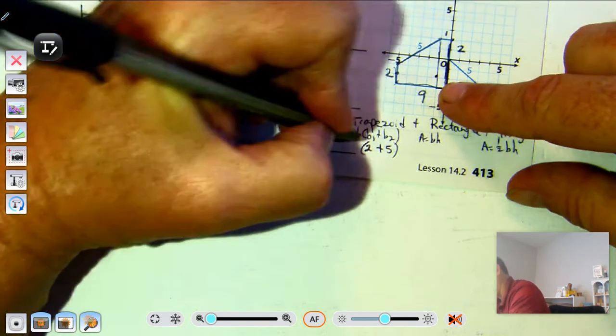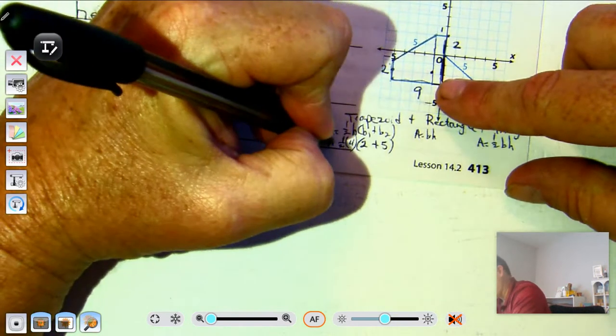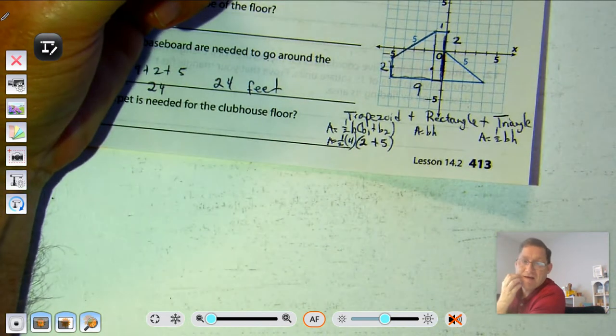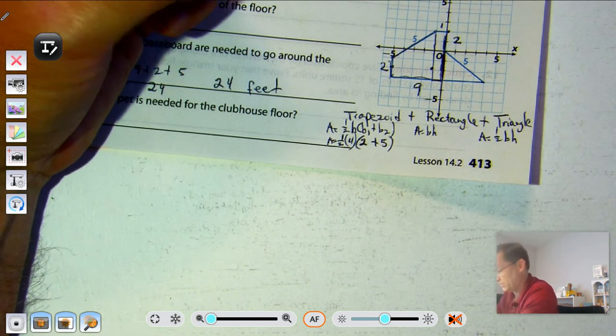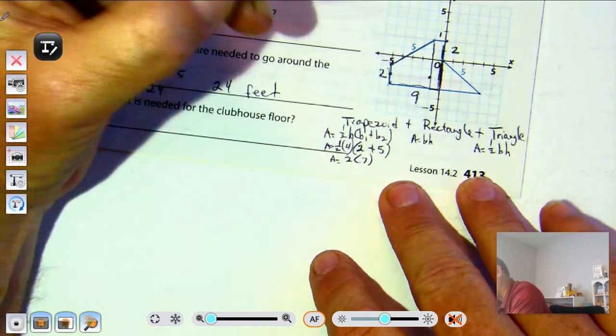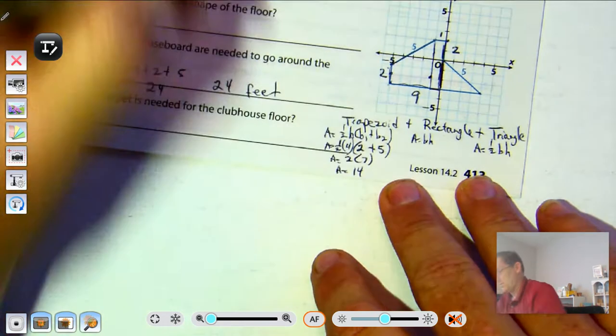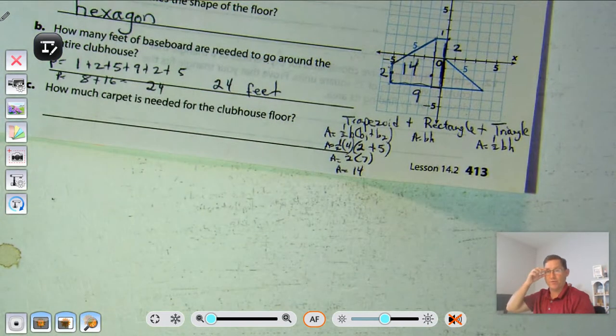So that's a distance of 4. Okay, so the area of the trapezoid is 1/2 of 4 times the base 1 and base 2, which is 7. So 1/2 of 4 is 2. 2 times 7 is 14. All right, so the trapezoid area is 14 square units.